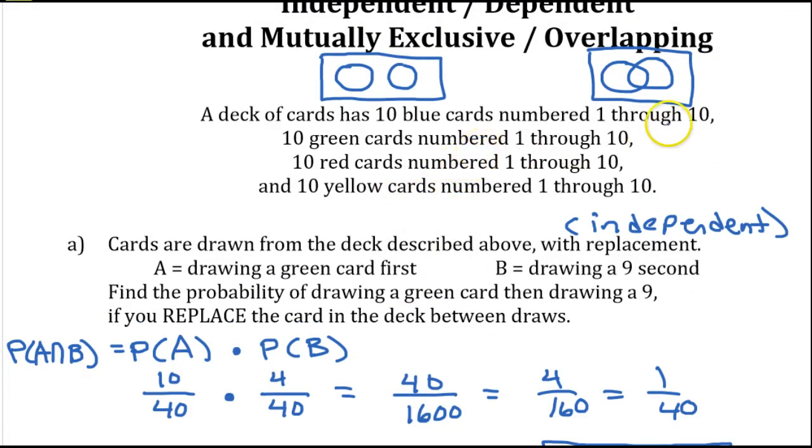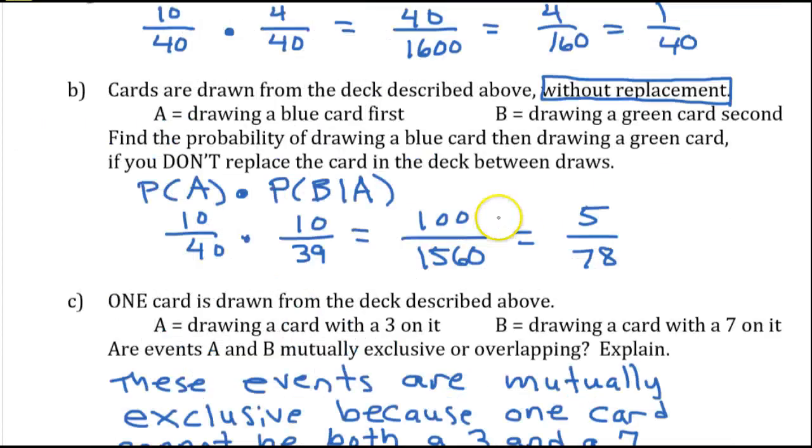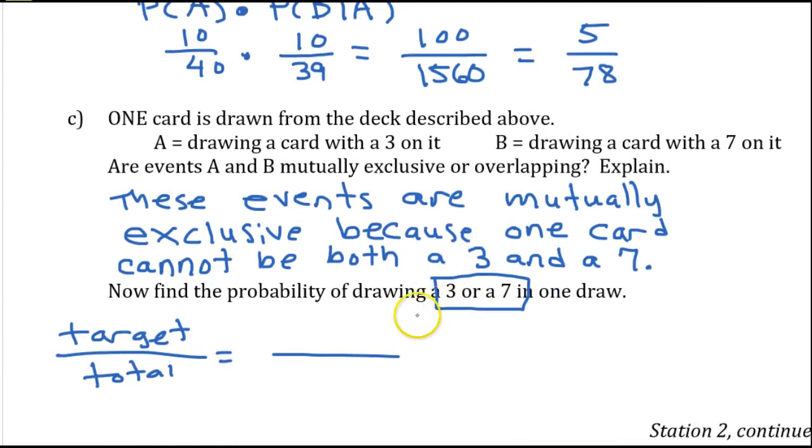There are 4 3s and there are 4 7s. So there are 8 targets. All right, there are 8 cards that are either a 3 or a 7. And of course, the total number of cards is still 40. So right there, that's the probability. I would accept that answer. You could reduce it if you wanted to, and that would be 1 out of 5.